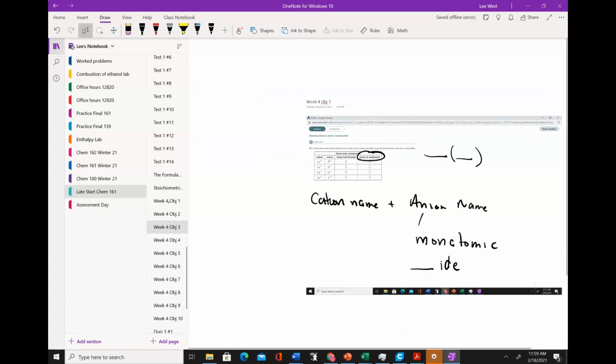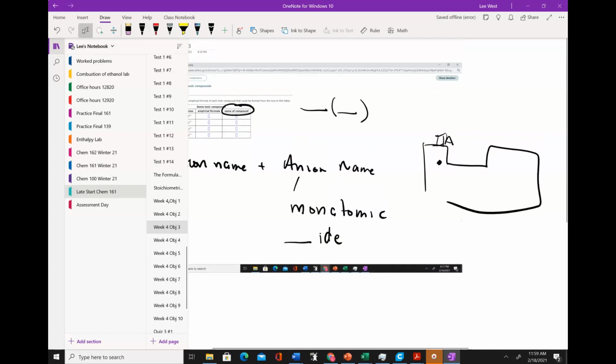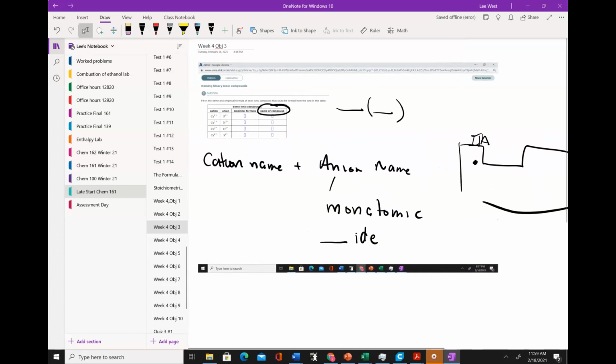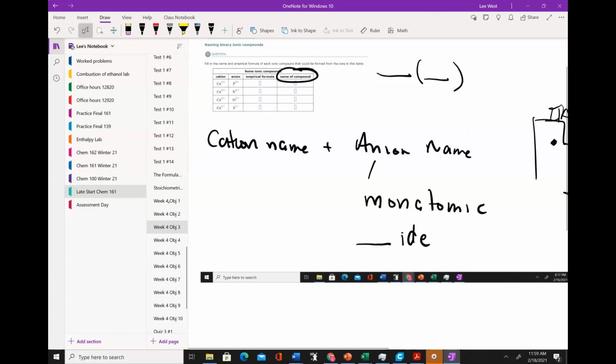Now, in this case, the cation present every time is calcium. And calcium is in group 2A, sits underneath magnesium. And so calcium is a fixed charge cation, so it doesn't need the Roman numerals. And when you name a cation, you just give the element name, and then if needed, you give the charge with Roman numerals. So this is going to be really easy.